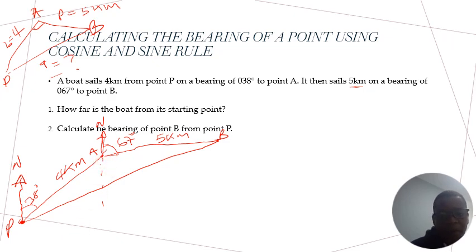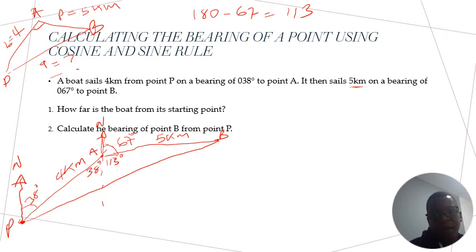So that remaining angle is going to be 180 minus 67, which is 113. This angle is 113 degrees and this angle is 38 degrees.